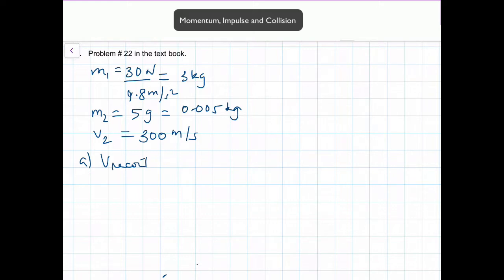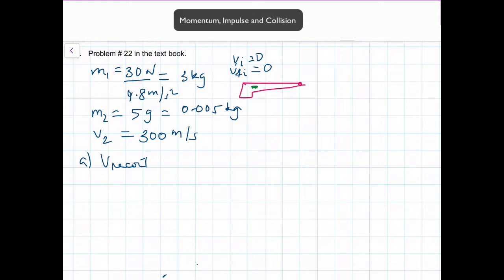So you can imagine it like this. Before anything happens, you have the rifle and then you have the bullet inside. Both are at rest. So V1 initial is 0, and V2 initial is also 0, because it was just at rest.